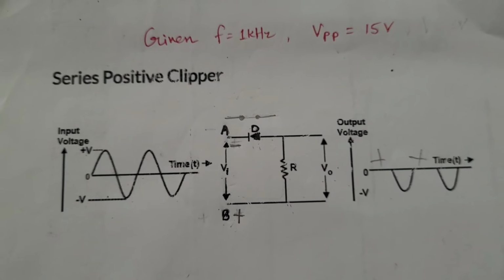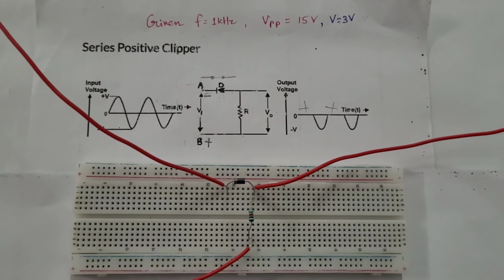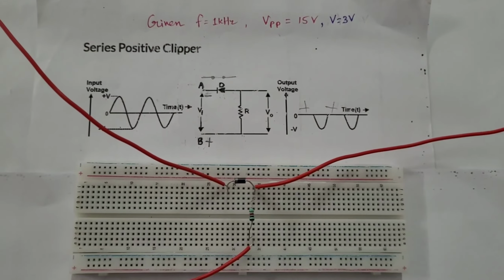Let's implement this circuit. The circuit is implemented on the breadboard, where the diode and resistor are connected in series. The input is given across these two terminals and the output is taken across these two terminals.